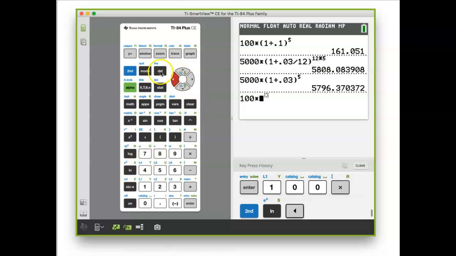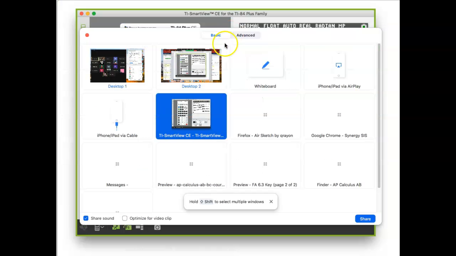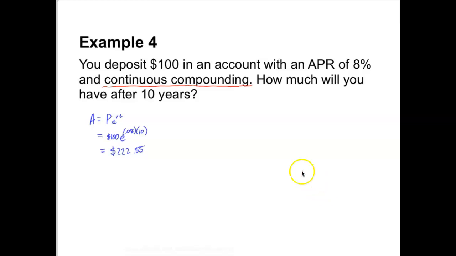So I could have gone, whoops, and then just raised it to a power. 0.08 times 10. There you go, $222.55. And that's it.